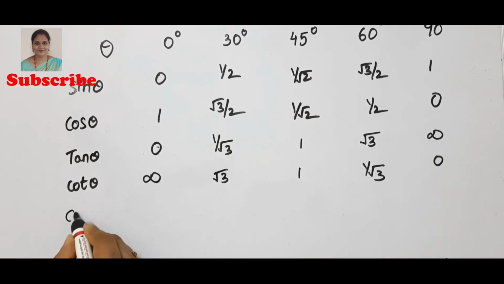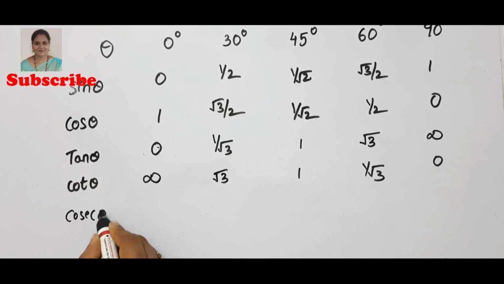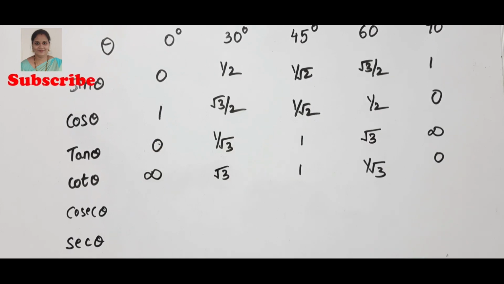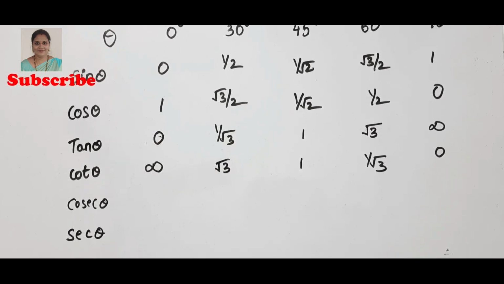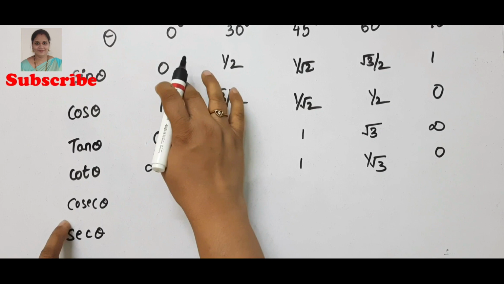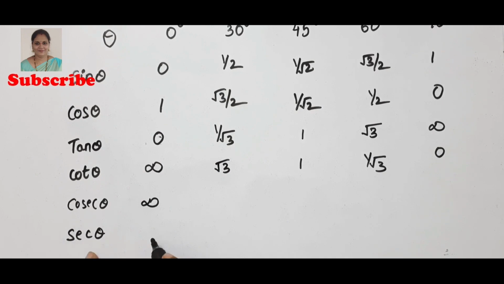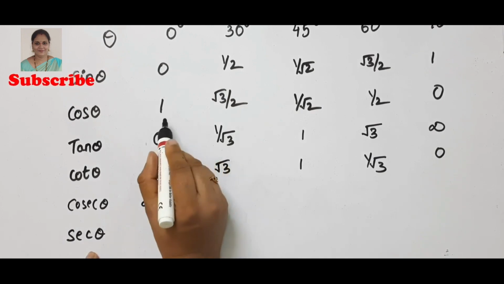Now cosecant theta. Let us study about the cosecant theta and secant theta at these angles. Cosecant theta is nothing but 1 by sin theta. So 1 by 0 is infinity, which is not defined. Secant theta is nothing but 1 by cos theta.